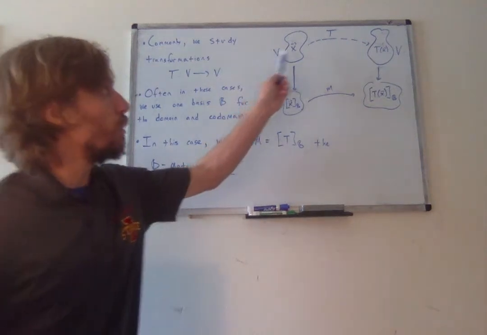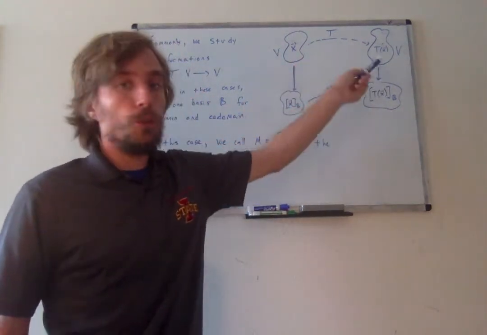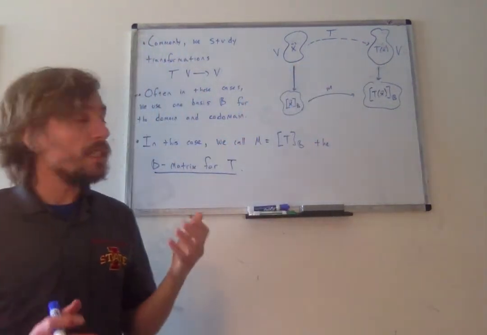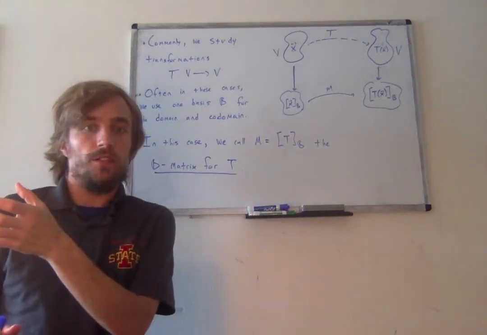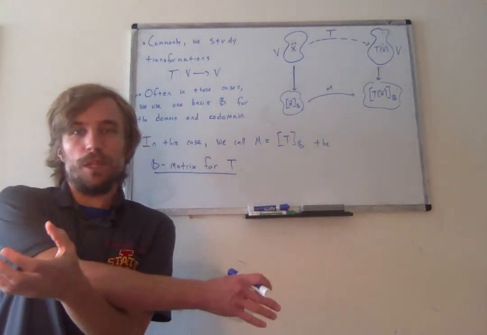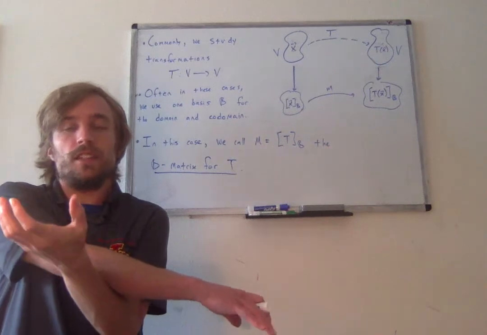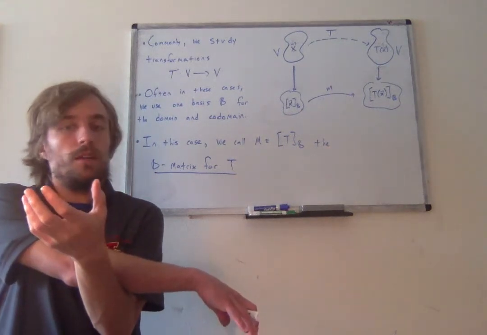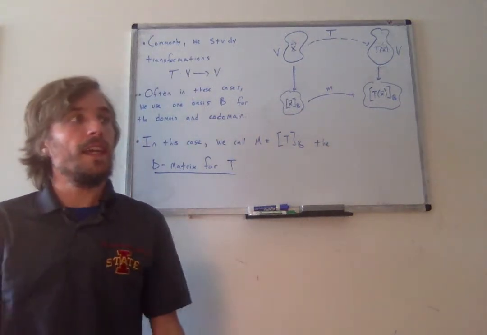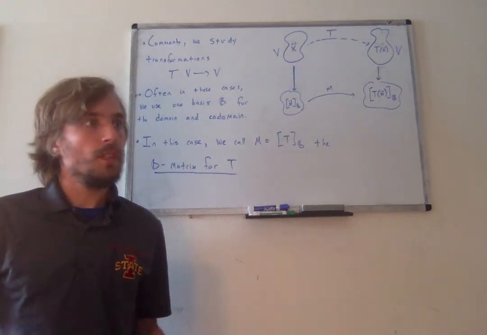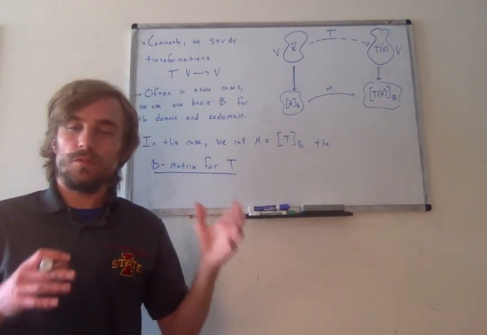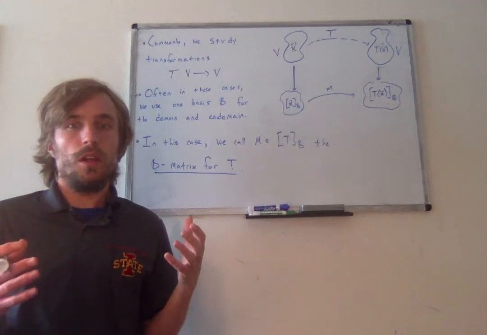So both the domain and codomain are the vector space V, and what T is doing is taking a vector X in V and sending it maybe to a different vector in the same space.